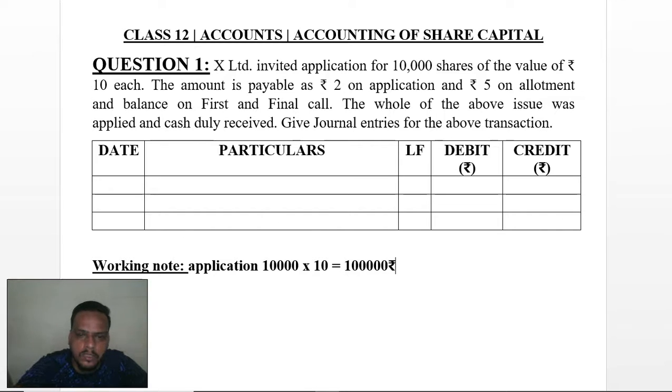The amount we receive at the time of application is 2 rupees. So 10,000 applications multiplied by 2, which is costing 20,000 rupees. This is on application.